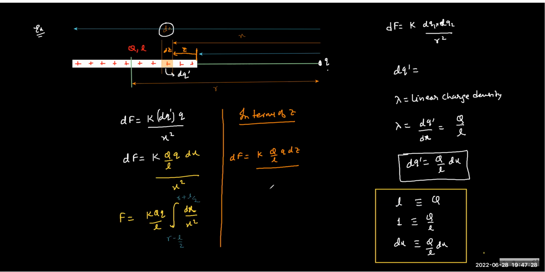Is that the distance between Q and the elementary? What is the separation between the elementary and the point charge Q? Is it z? Are you sure? It was x only, but x is not used now. Now we need to express it in terms of z only. Our elementary has changed. Now I want to express it in terms of z actually. What should I write?